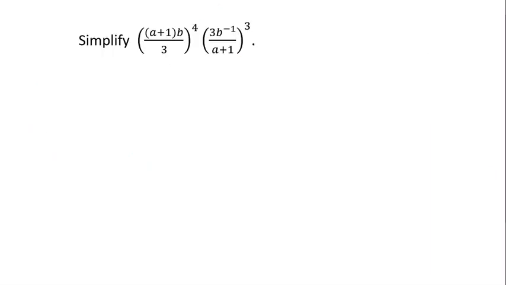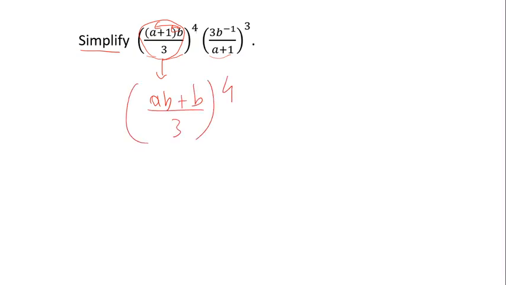Okay, let's look at the last problem. We will try to simplify this. Now, the first thing is we have to deal with the 4th power, and here's the cube. And the question here: shall we do it this way, like A times B and B divided by 3, the 4th power?